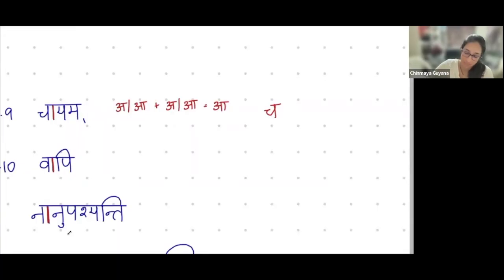It's actually ayam. Ca ayam. Again, like I'm saying, if you wrote ā instead of a for the ayam part, that's okay. But ca you should have gotten right. No one should have written cā. Cā is not a word.